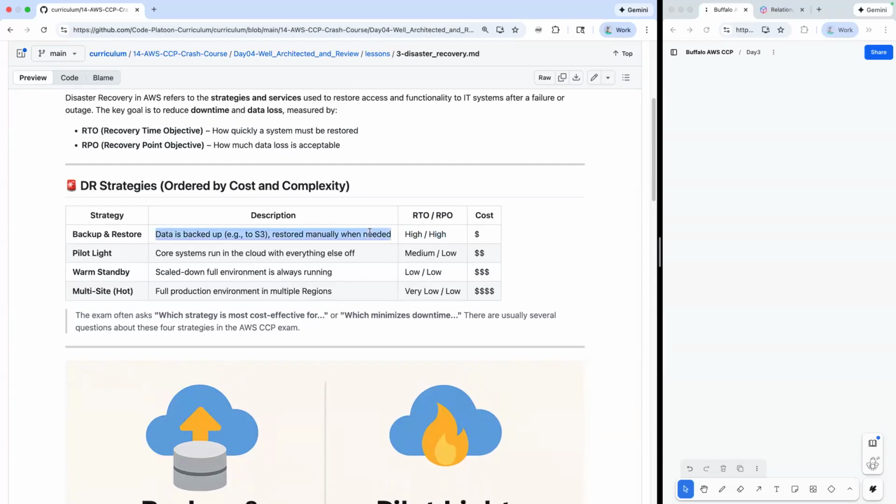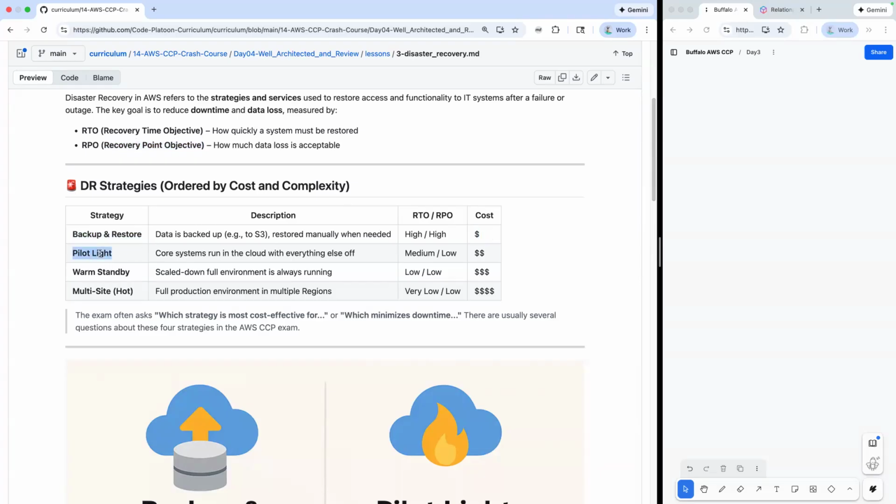This is basically the simplest way, make a backup of your file. And as a company, I might say, hey, I'm going to back up the database every 3 months, in which case my recovery point is every 3 months if we lose something and have to go to the last backup. Maybe I back up every week. Maybe I back up every day. But the backup and restore strategy is simple, which means it's easy to implement and it's cheap.